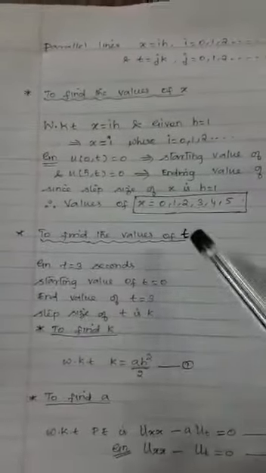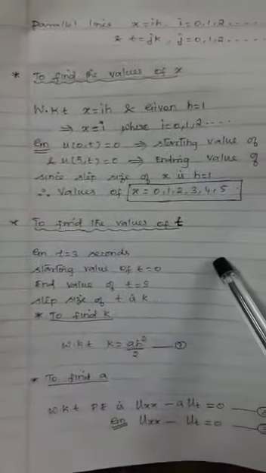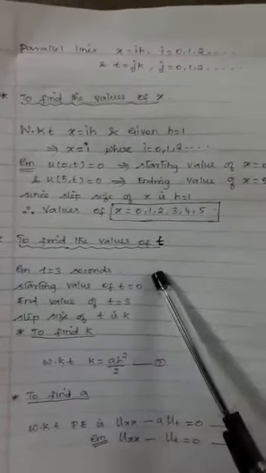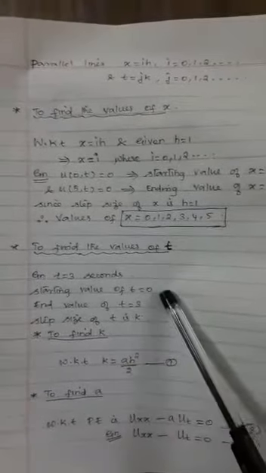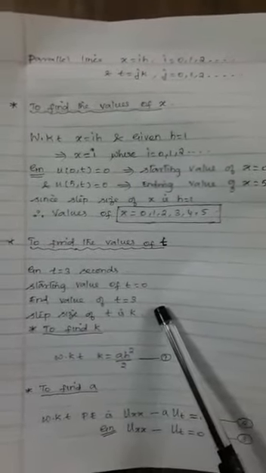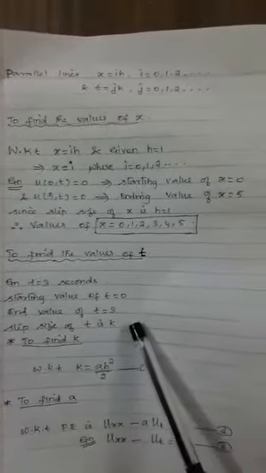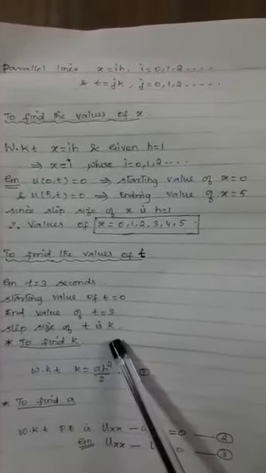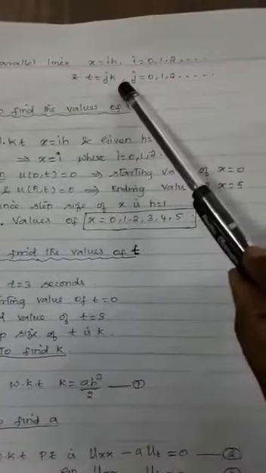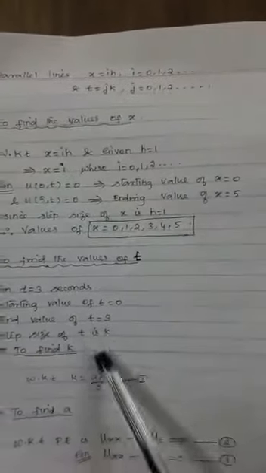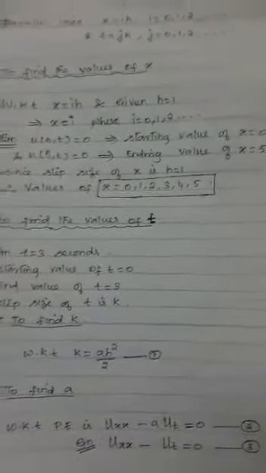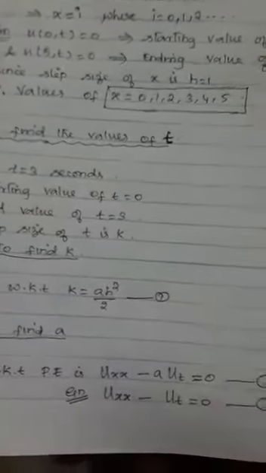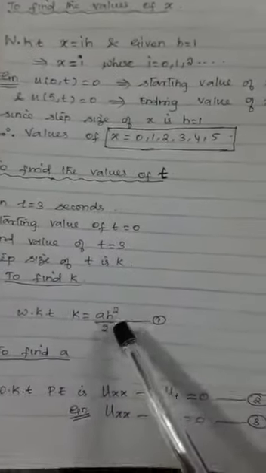Similarly, to find the values of t. In the given problem, t is equal to 3 seconds. Therefore, the starting value of t is 0 and the ending value is 3. Now, the step size of t is k based on the formula t = jk. But the value of k is not given in the problem. Therefore, to find k, we know that k = a h² / 2.